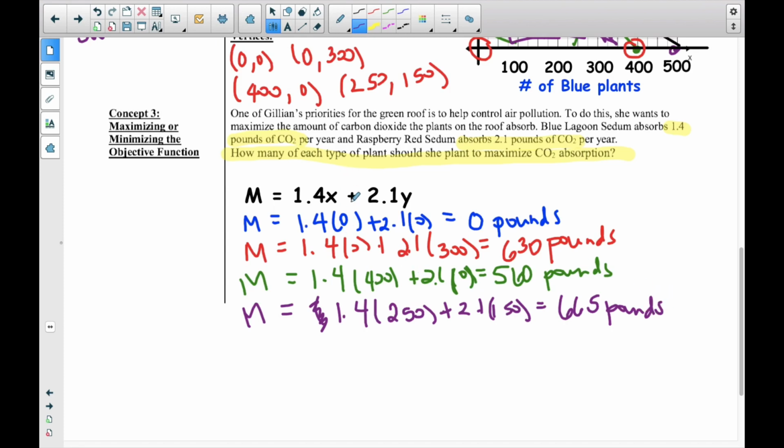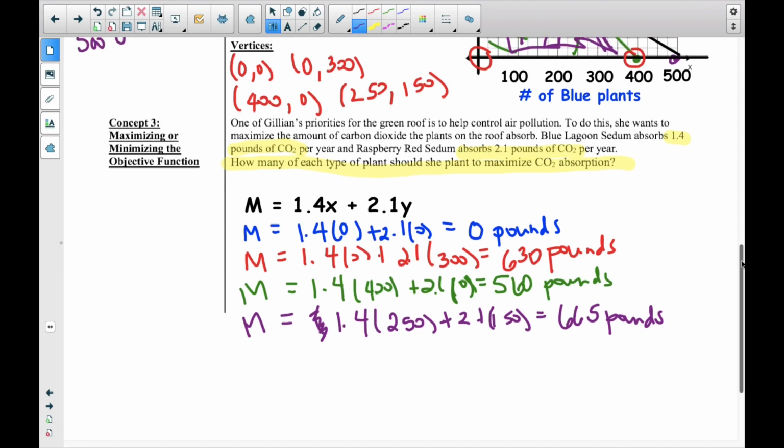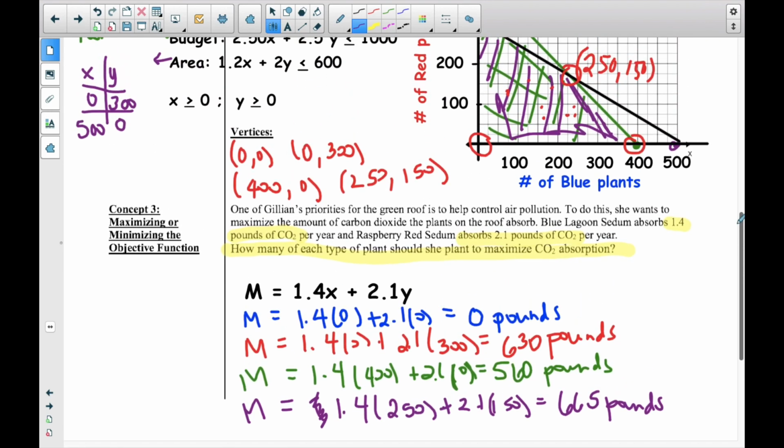Okay, so here's the deal. This is how we maximize the carbon dioxide absorption. We need to find out which one of those vertices works, because it's always a vertex that works. That's how the graph works. We're going to figure out which vertex, when I plug it in, gives me the maximum CO2 absorption. I've worked them all out, and I've found that this last one is the best one.